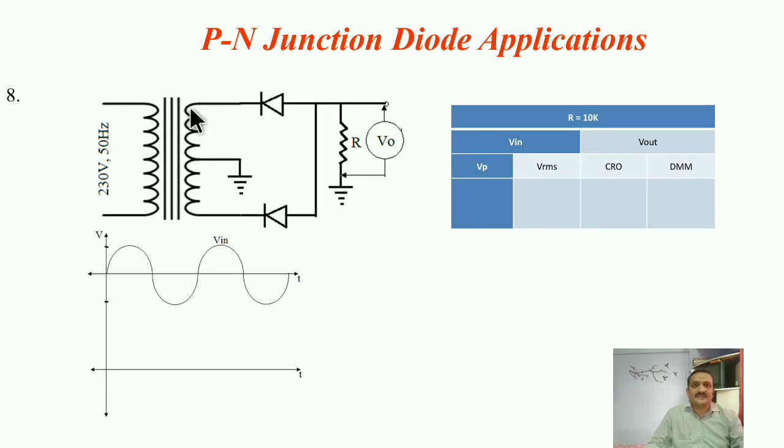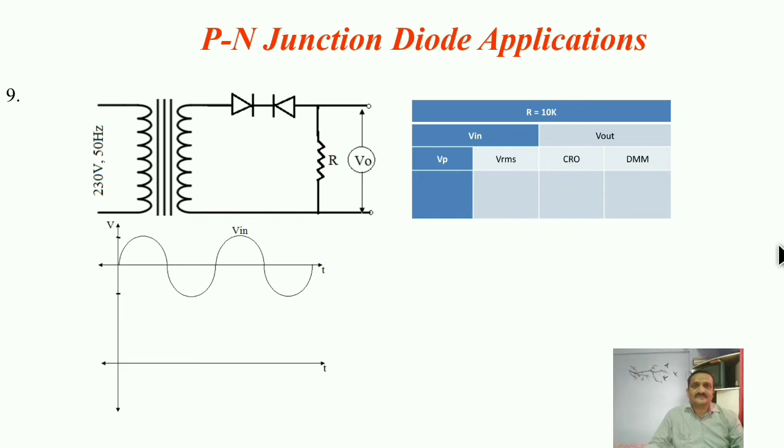Now the next PN junction diode application, only that the diodes are reversed. What nature of output will you have? It will be in the opposite direction, so we can call it a negative full-wave rectifier, and that previous one was a positive full-wave rectifier, is it? Now in this case, what will be the output voltage?